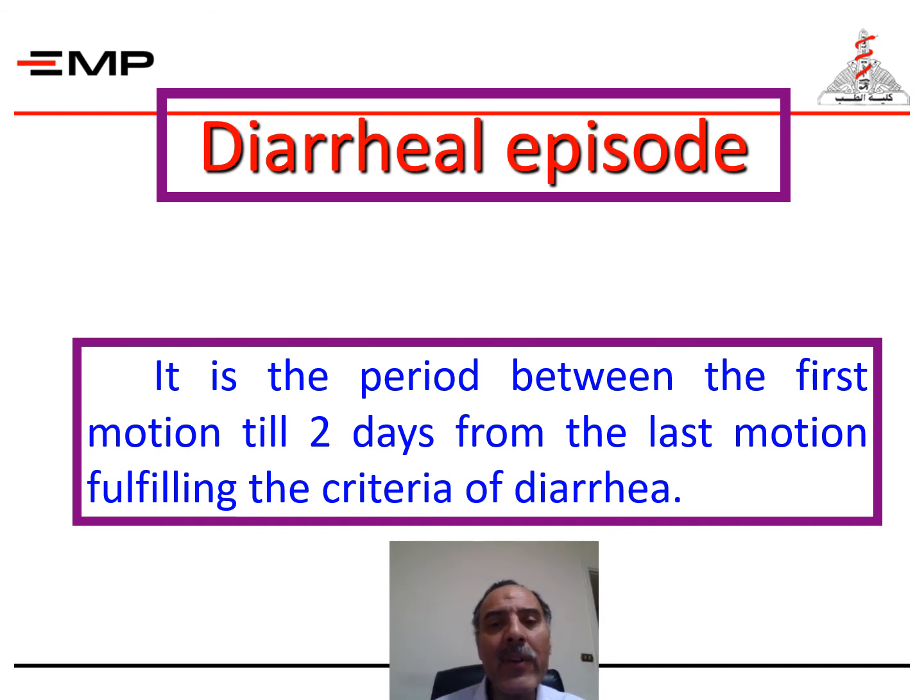And in some developed countries, the rate is 0.2. Now you can differentiate with this definition the load of the disease in different countries, and we can follow up the improvement in one country over years by the same definition. Unfortunately, the episode rate in Egypt was the same as in the 80s.